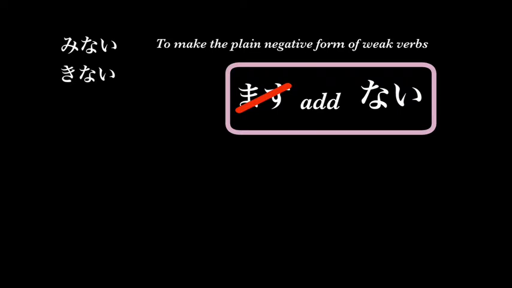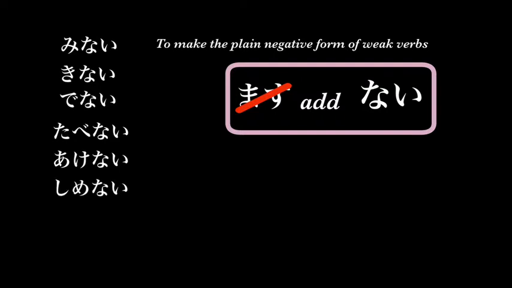To start with, remembering the plain negative form of our weak verbs, you remove the masu and add nai.